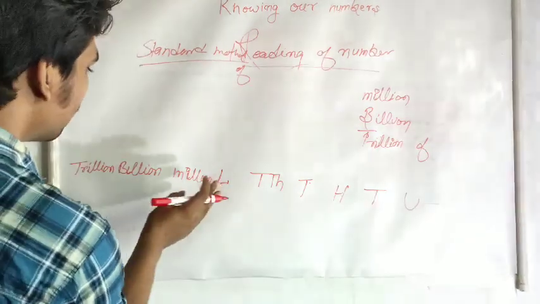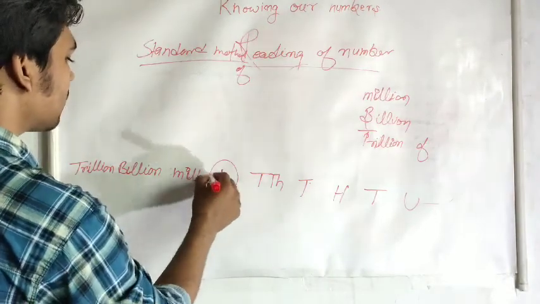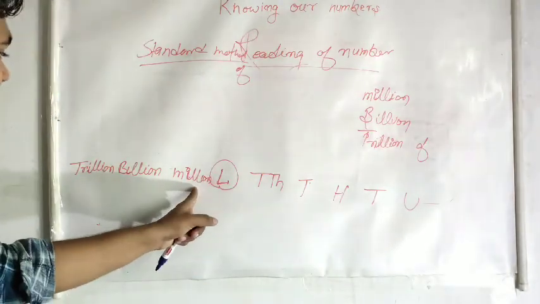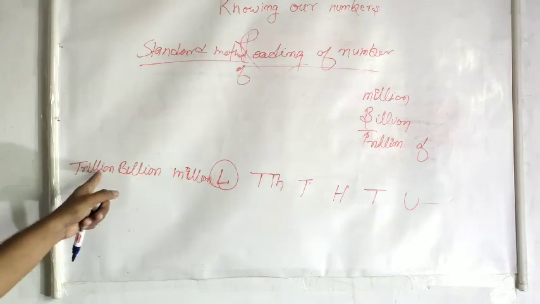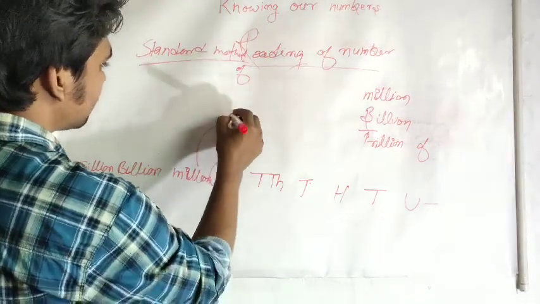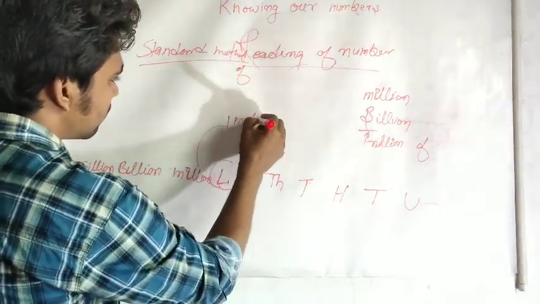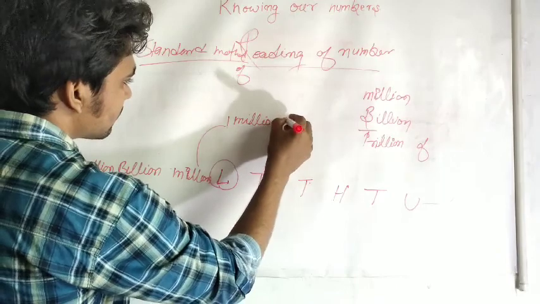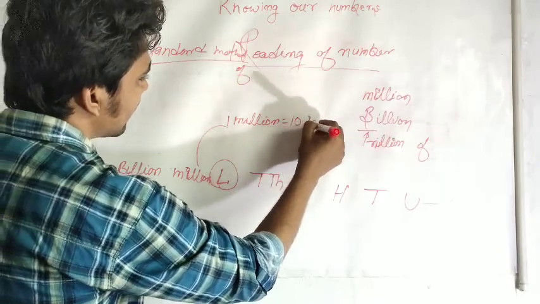When we move left from lakh, we use words such as million, billion, trillion. Here we have to know that 1 million is equal to 10 lakh.